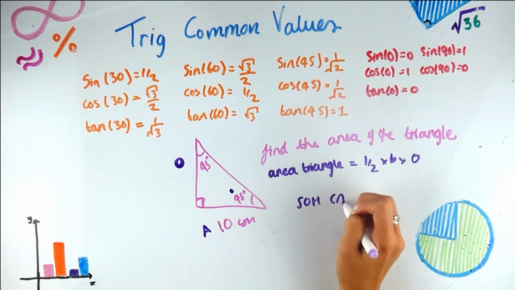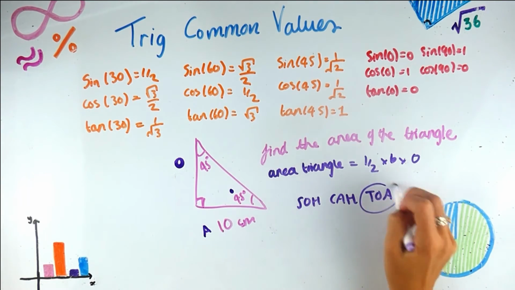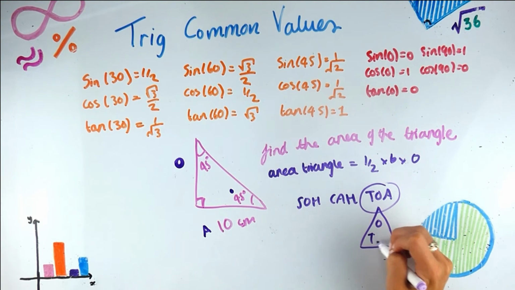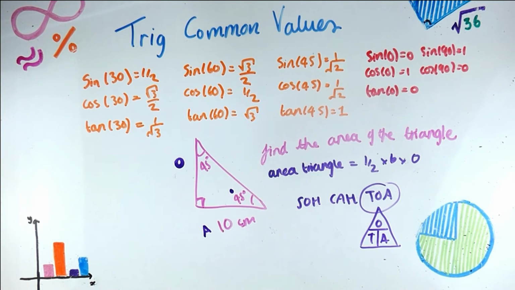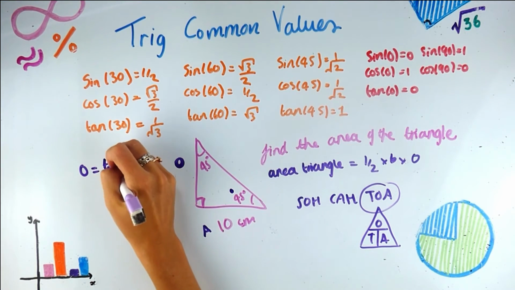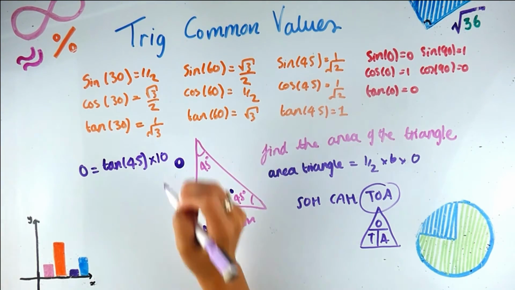If we write out SOHCAHTOA, we've got the opposite and the adjacent, so we've got this one, the tan. So the formula triangle looks like this. What am I after? I'm after the opposite, so I cover up the O. So the opposite here equals T times A, so tan of the angle, 45, times the adjacent, 10.